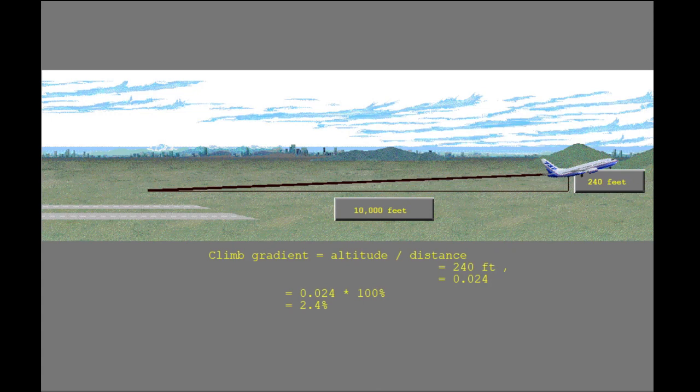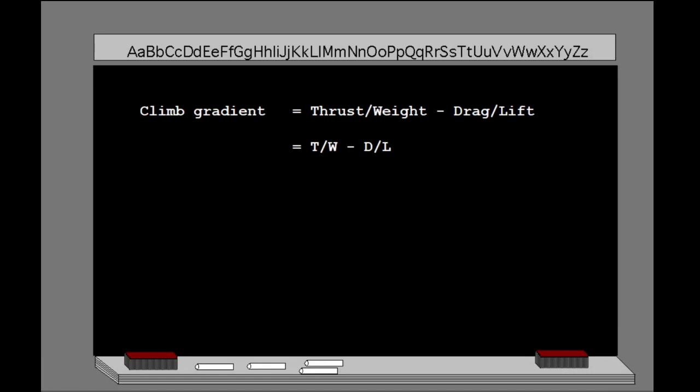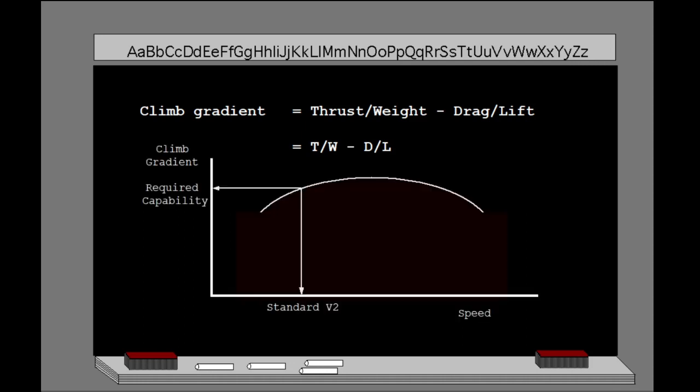Gradient is normally expressed as a percent. To get percent, multiply the ratio by 100. The climb gradient is proportional to the thrust-to-weight ratio minus drag-to-lift ratio. At the standard V2, the engine-out climb capability equals the minimum required when the airplane is at the maximum climb limited takeoff gross weight.